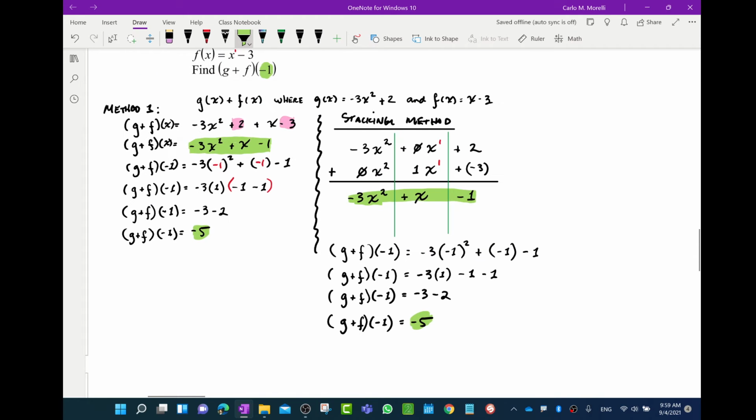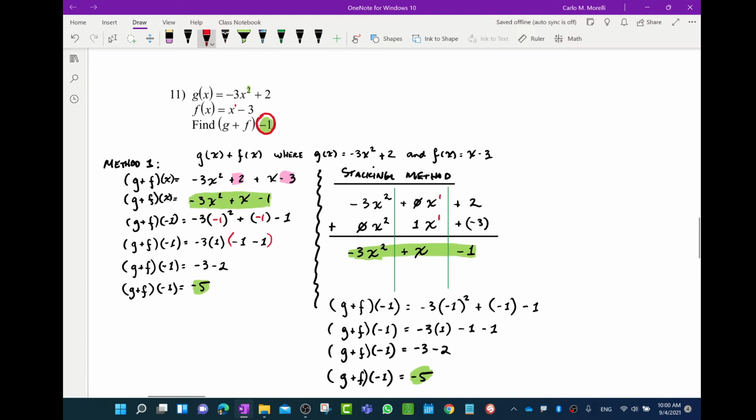What I'm trying to warn you about is down the road, when you're evaluating something much harder than just a number, and when your original given functions are way more complicated than this, the stacking method can save you, especially when they're all mixed up and not in order. You have to reorder them.